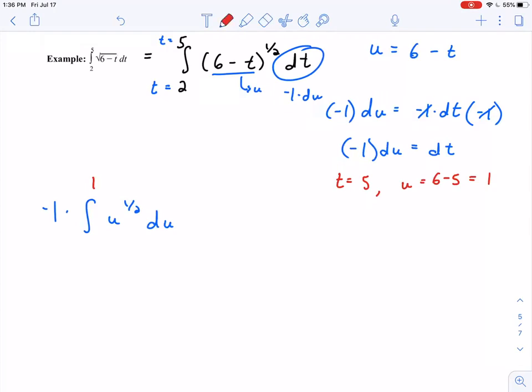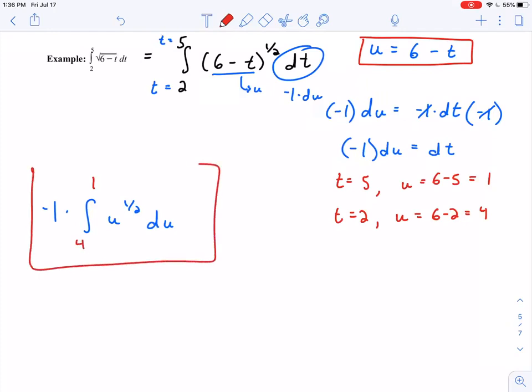So when t equals 2, u is equal to 6 minus 2. This gives me 4, so my lower limit of integration now is 4. This is the new definite integral that I'd like to evaluate.